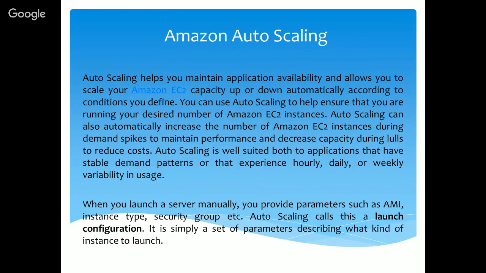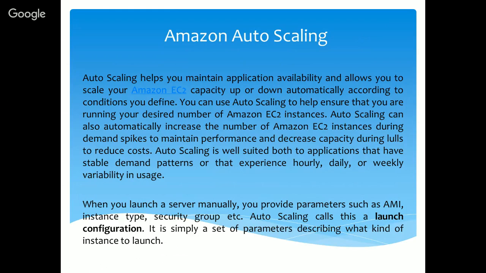Auto scaling can automatically increase the number of EC2 instances during demand spikes to maintain performance and decrease capacity during lulls to reduce cost. So if you have identified a pattern over a period of time, that every weekend we have more users accessing this website or application, you can add more instances at that time.